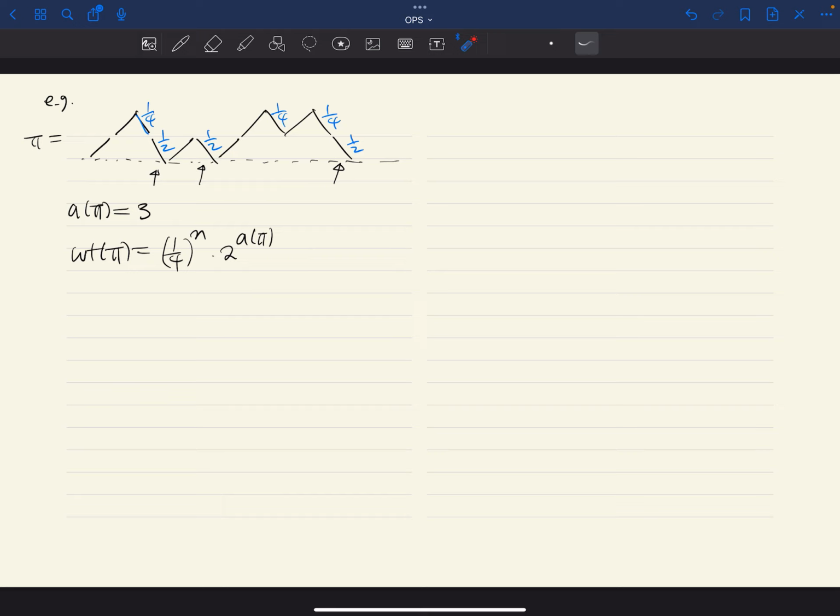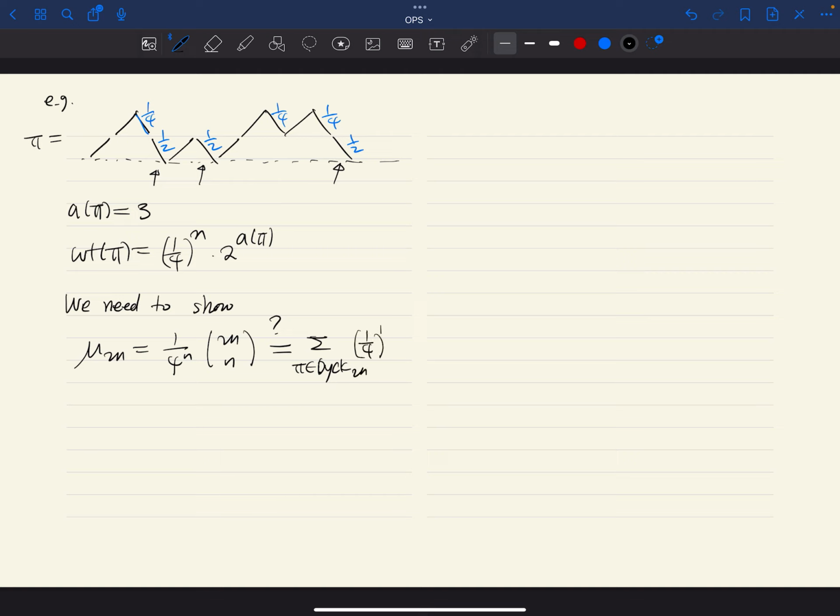So what do we need to do now? We need to show mu 2n equals the sum over Dyck paths of length 2n of 1 over 4 to the n times 2 to the a of pi.